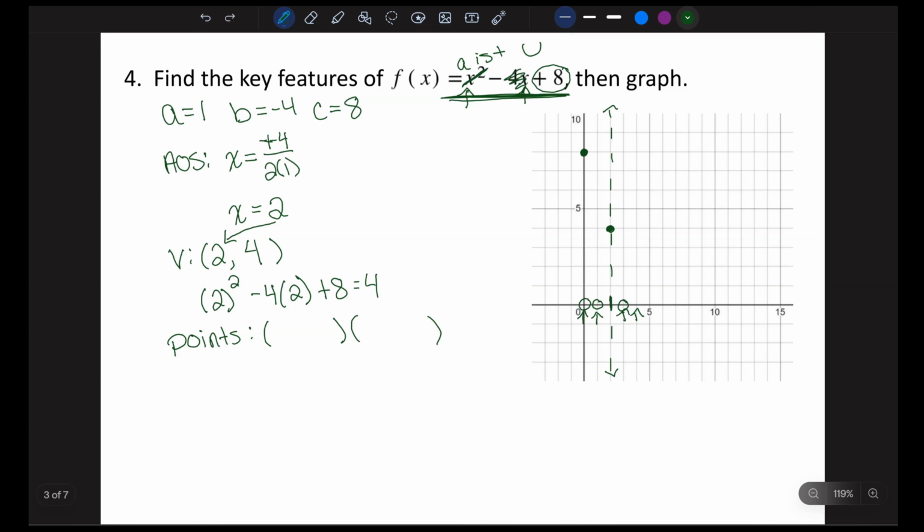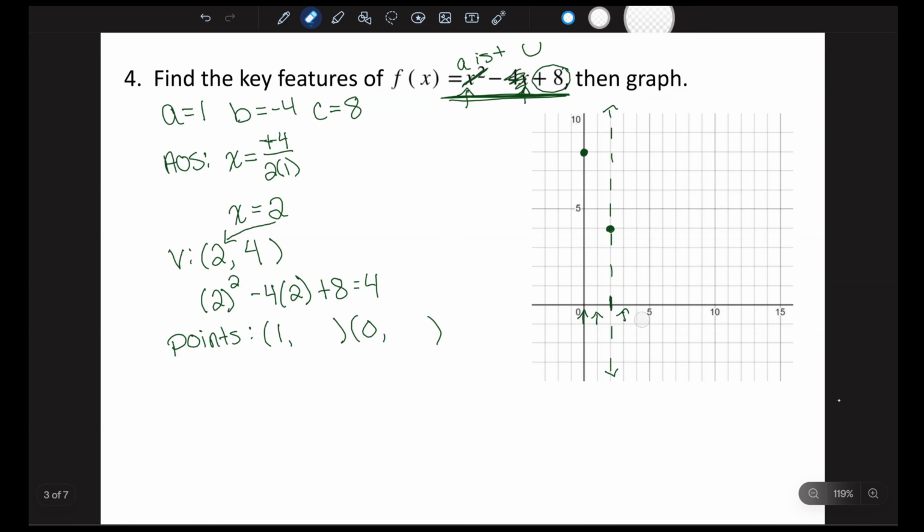That is totally up to you, but I always do the 2 x values that are directly to the left of my axis of symmetry or directly to the right. Because the farther I get away, the higher or lower those points are going to be, and sometimes they don't fit on the graph. So I'm going to choose 1 and 0. Those are the 2 that are directly to the left.